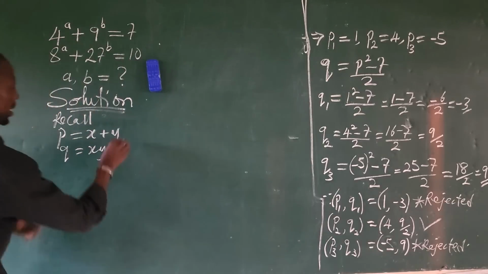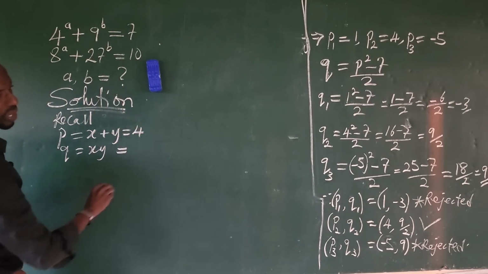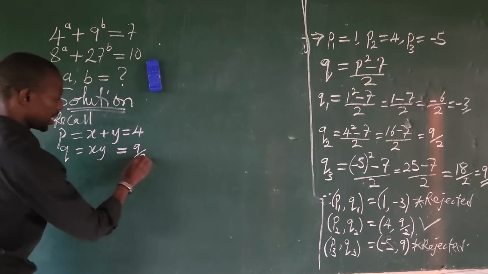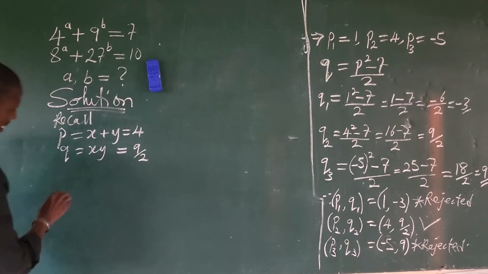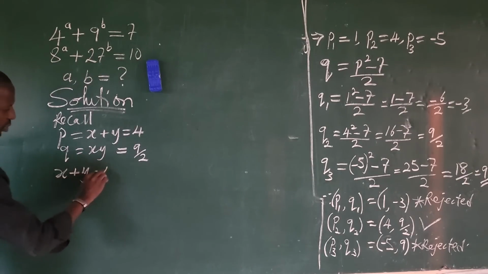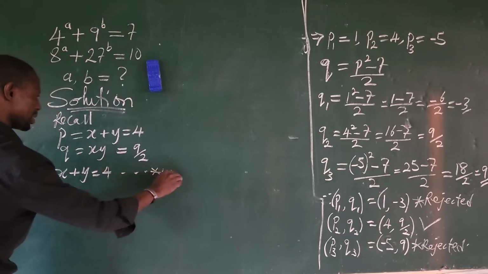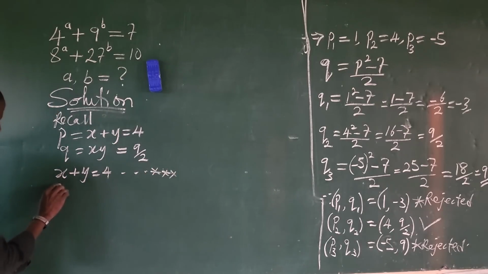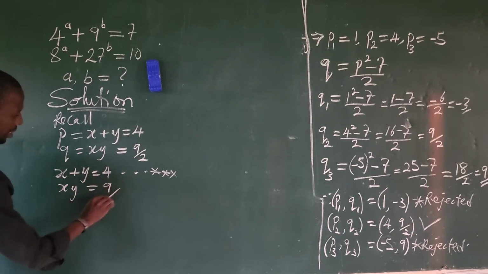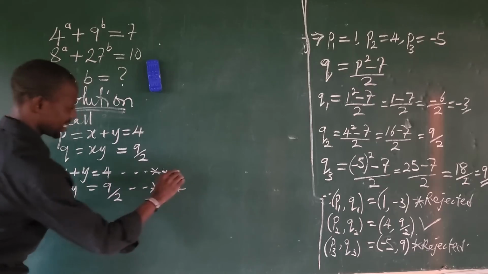So if we are taking this, this will be equal to 4, and this will be equal to 9 over 2. So for you not to be confused, let me rewrite this out. We have X plus Y is equal to 4. Let's give this equation double star. Then we have XY equal to 9 over 2. Let's give this equation triple star.